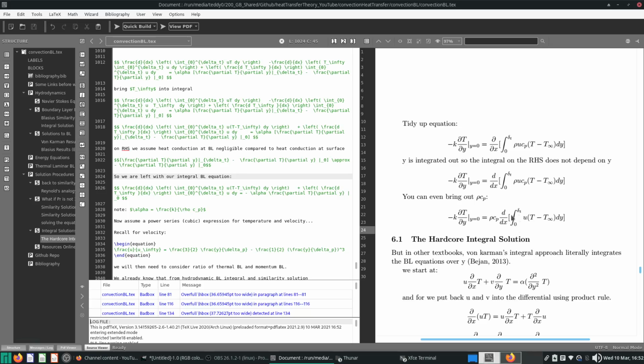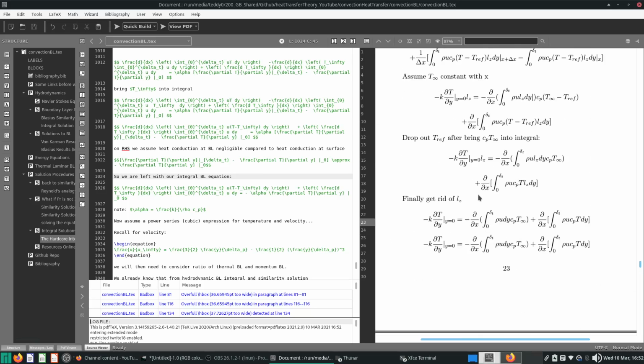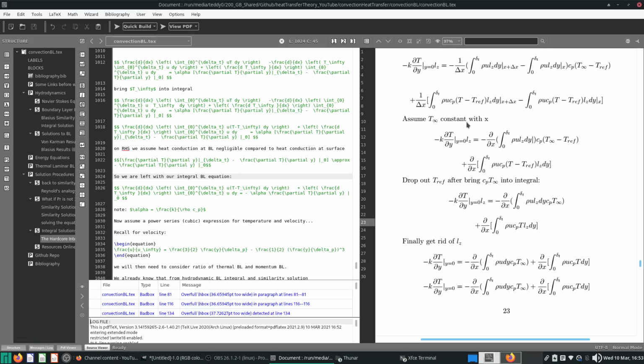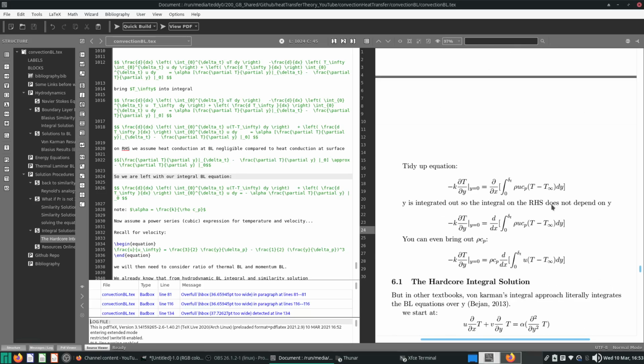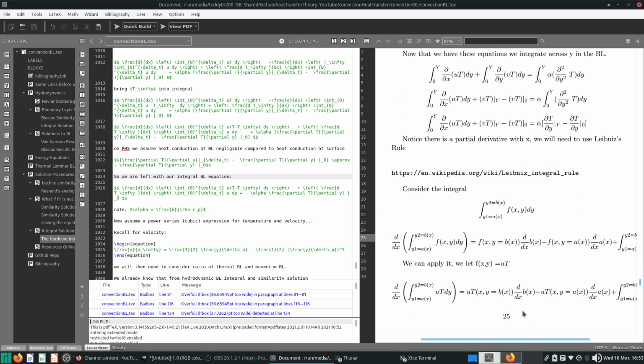And I made the assumption that t infinity is constant with x earlier. Otherwise, we can use the product rule here, and it will all be the same. You will still get the same answer.